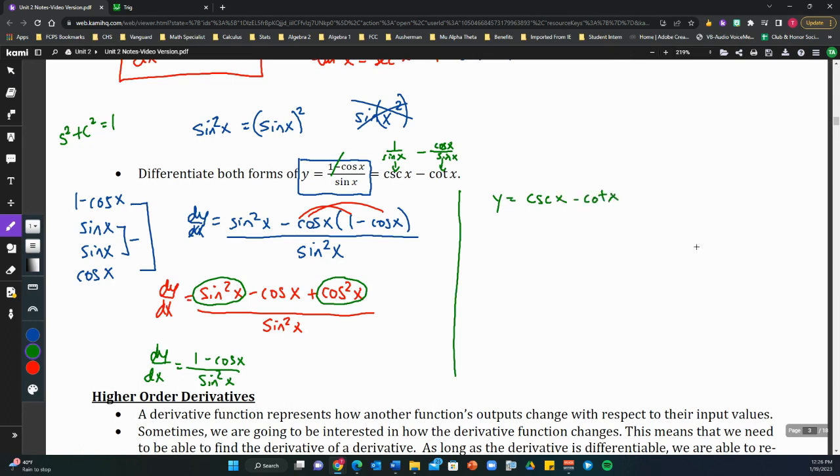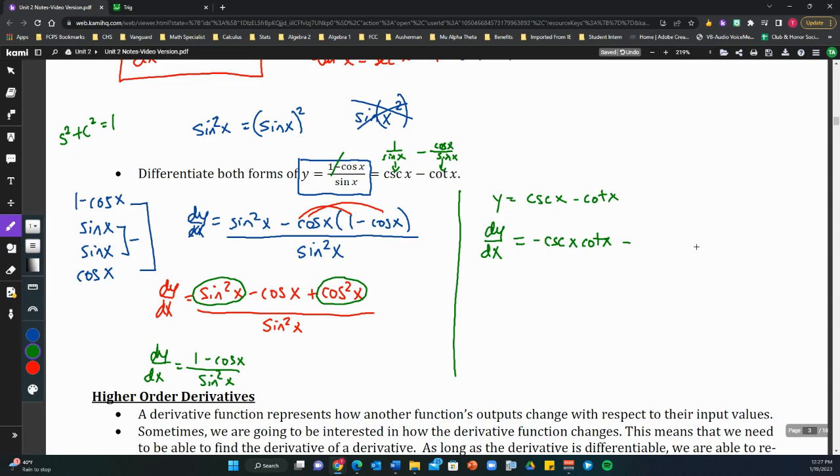So if we rewrite the original into just these two functions, then we can just take the derivative using these new rules. So cosecant x, again, it starts with a c, so the derivative is negative, and this guy will result in cosecant x cotangent x, and then minus cotangent derivative.